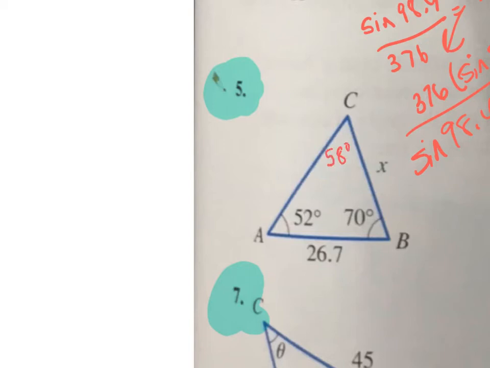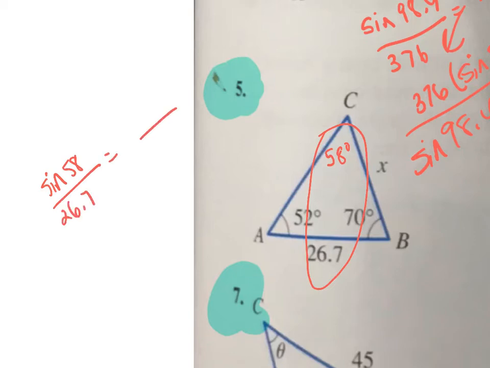So I have a proportion right here between an angle and its side. So I have the sine of 58 over 26.7. So that's going to go with sine 52 over x. Now we cross multiply and solve.